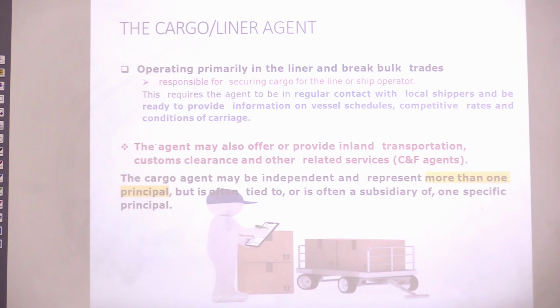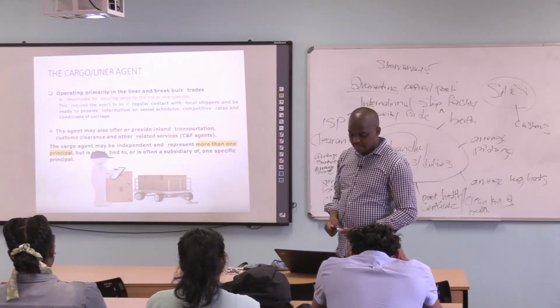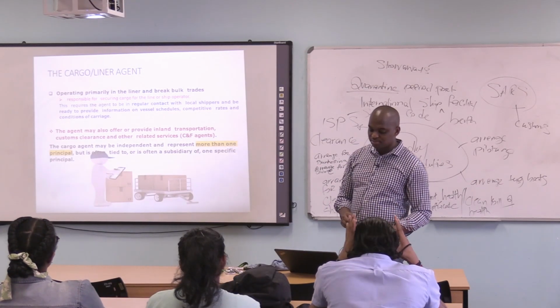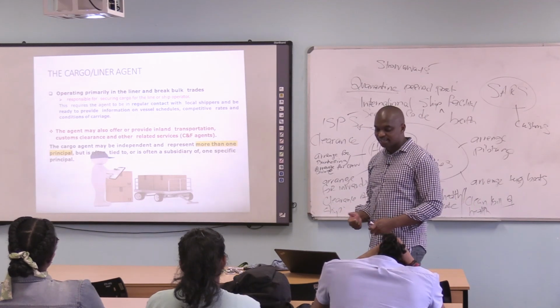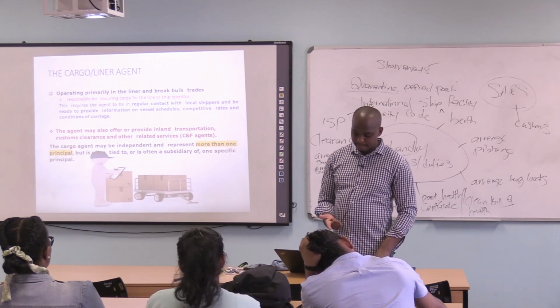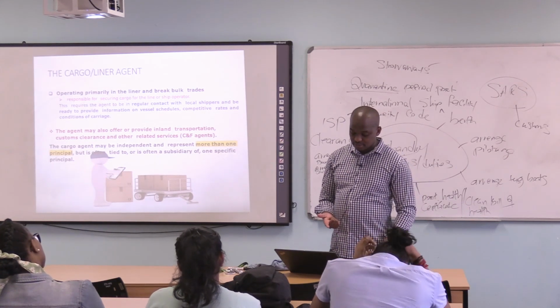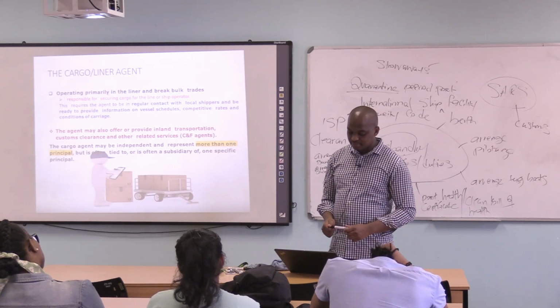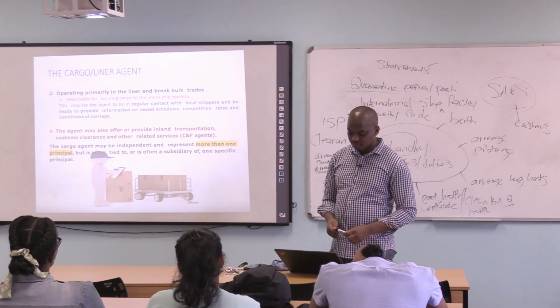So tramp is a non-scheduled sort of service. Okay. Now the agent may also offer or provide inland transportation, customs clearance, and other related services, that's customs and forwarding agents.